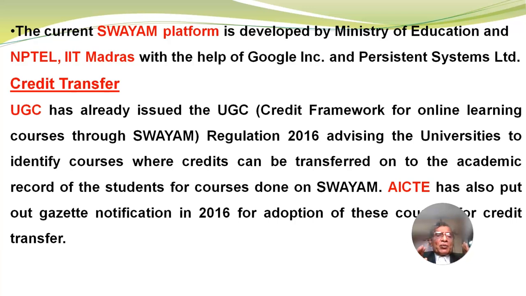Then credit transfer. UGC has already issued the UGC Credit Framework for Online Learning Courses through SWAYAM Regulations 2016, advising the universities to identify courses where credits can be transferred onto the academic record of students for the courses done on SWAYAM portal. AICTE has also put out Gazette notification in 2016 for adoption of these courses for credit transfer.